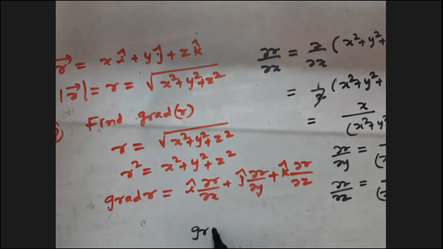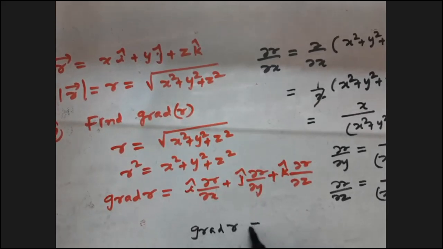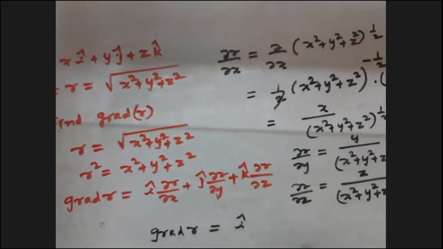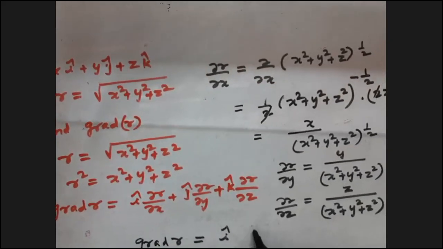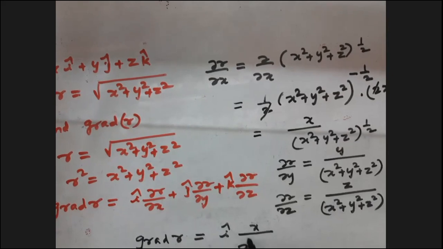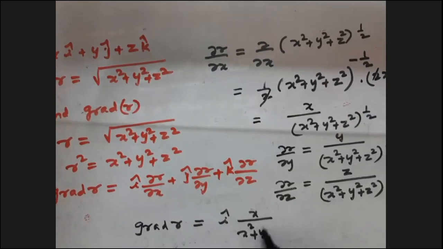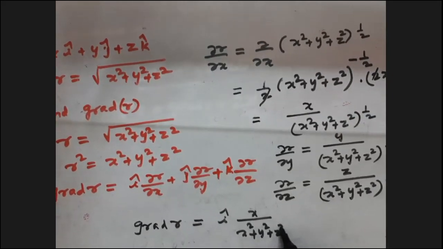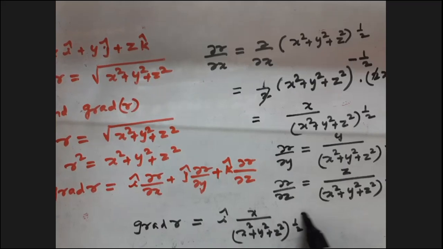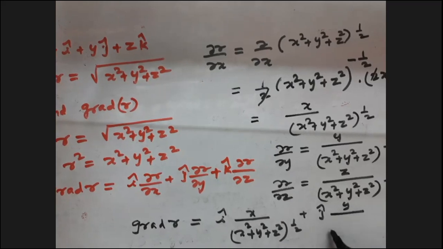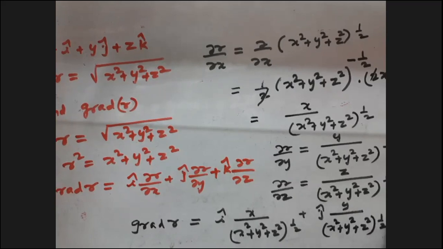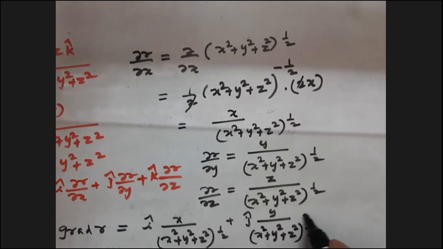So then what we get, grad r is equal to i cap into dou r by dou x, that is x by (x square plus y square plus z square) whole power of, plus j cap into y by (x square plus y square plus z square) whole power of, plus k cap into the z component.